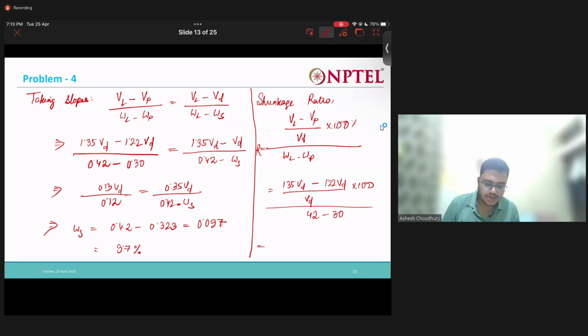Please calculate this shrinkage ratio. How much is it coming? It's 1.08.